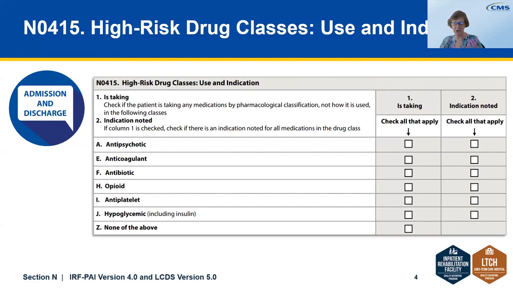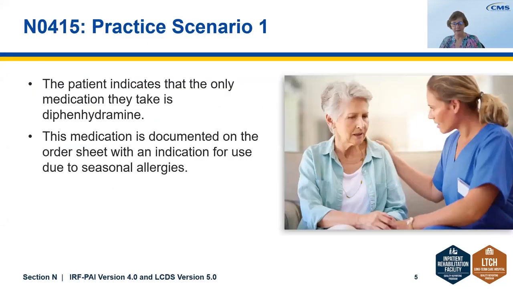Here is a screenshot of the item, which is used at admission and discharge. And here's our first scenario. The patient indicates that the only medication they take is diphenhydramine. This medication is documented on the order sheet with an indication for use due to seasonal allergies.